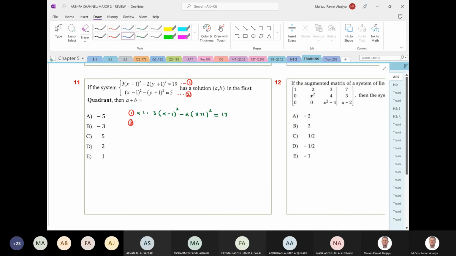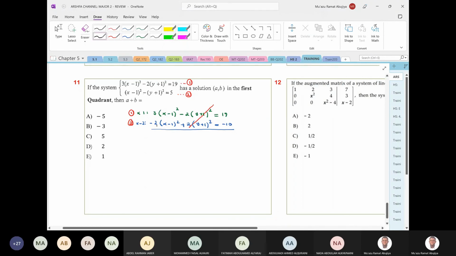So we are going to multiply by negative 2. So here we are going to get minus 2 into (x minus 1) all squared, plus 2 into (y plus 1) all squared equal to minus 10. Now let us eliminate y. So this is out.